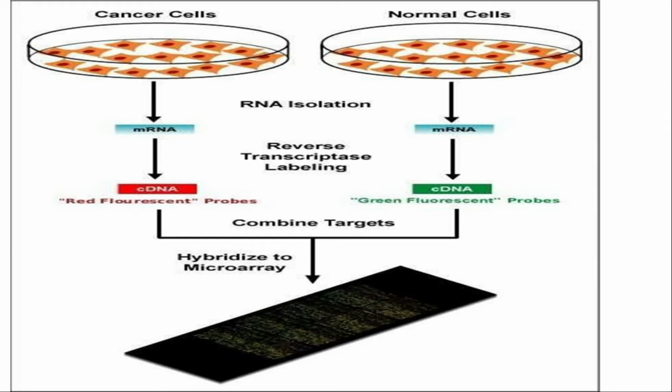The same is done from normal cells, and by combining, the target is hybridized to the microarray. In this technique, two types of cells are cultivated in separate atmospheres, mRNA is isolated from each, then cDNA is made, and both the cDNAs are combined. This is called microarray in a nutshell.